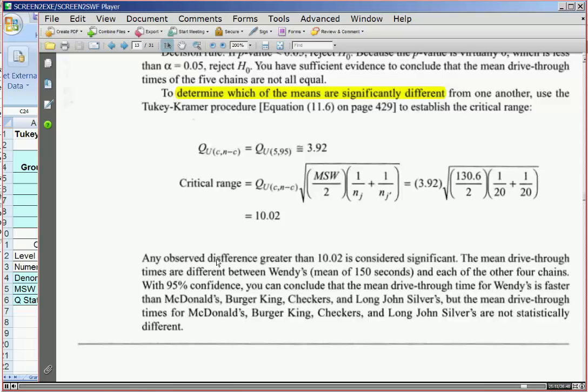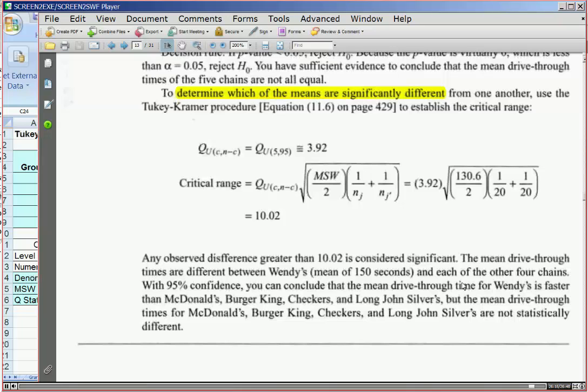And this is how they concluded. Any observed difference, they misspelled it, should be difference, greater than 10.02 is considered significant. The mean drive-through times are different between Wendy's, whose mean is 150 seconds, and each of the other 4 chains. Here's the statement.